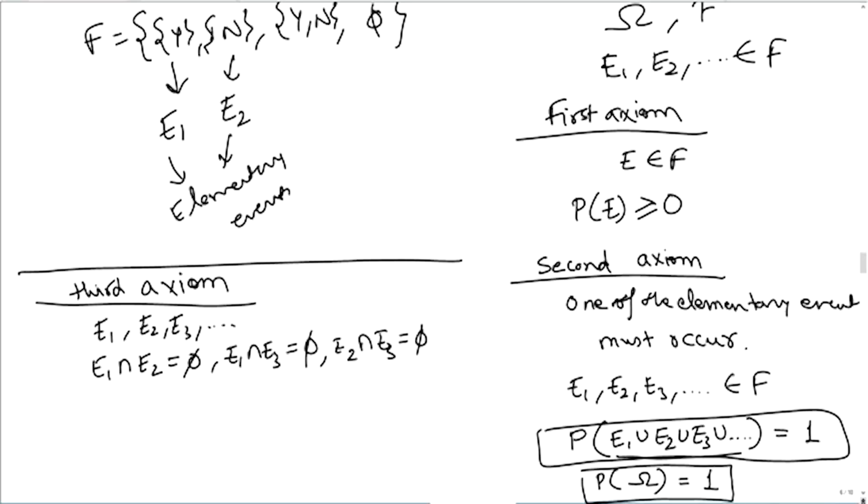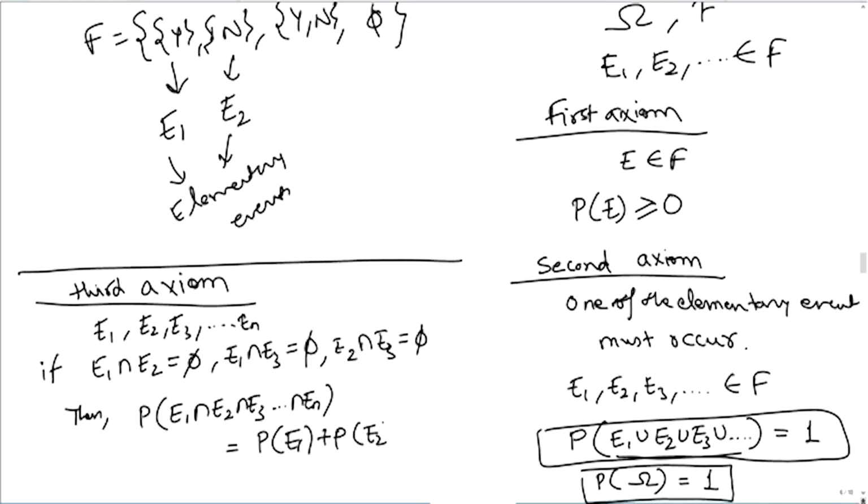So, if you have mutually exclusive events E1 to, let us say, En, then the probability of the union of these mutually exclusive events is given by the summation of their individual probabilities.